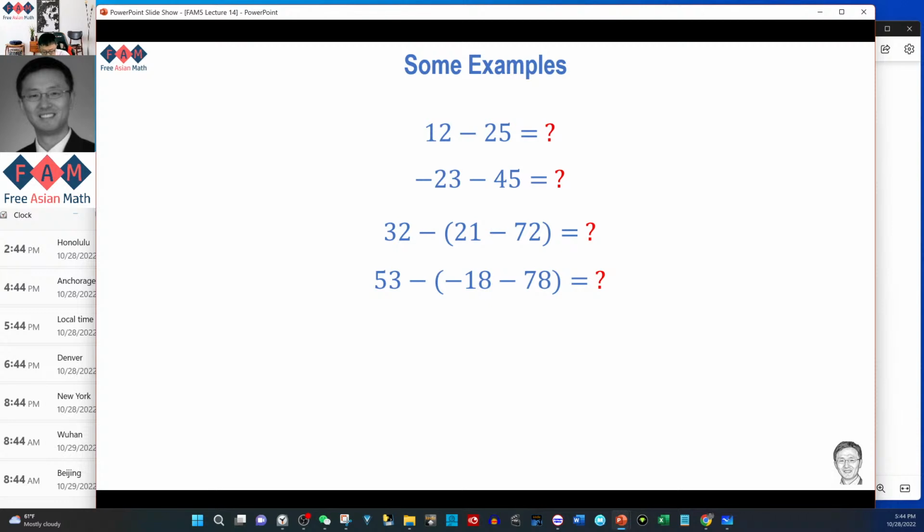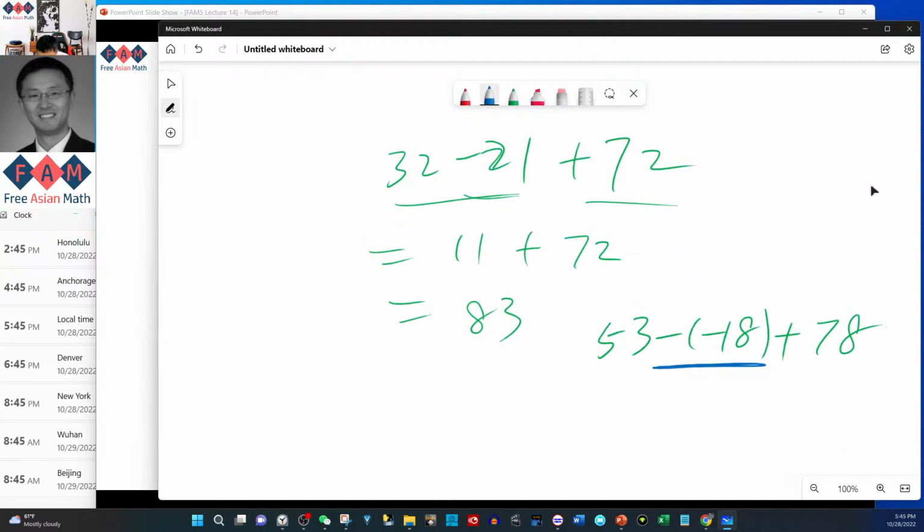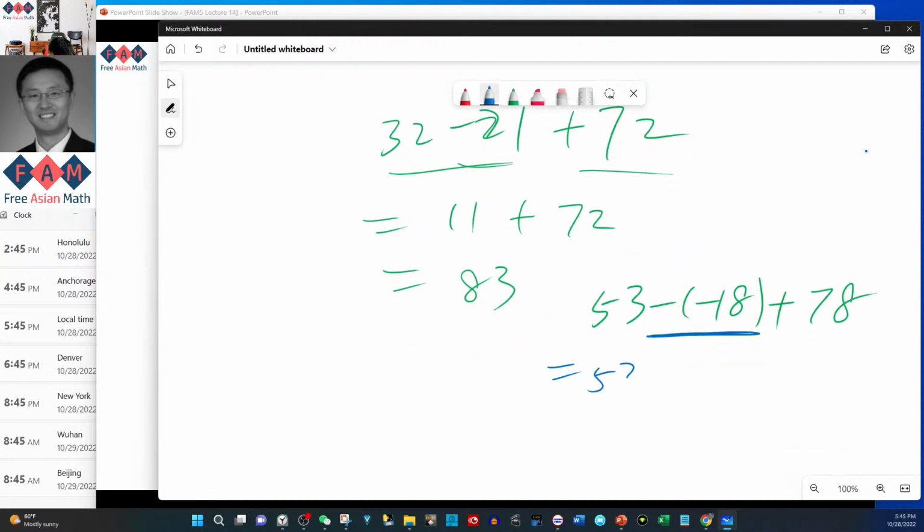Again, you can do the same thing. So this will become 53 minus negative 18, then plus whatever that is, 78. So let's put 78 there. And you can further re-evaluate this as 53 plus 18 plus 78.